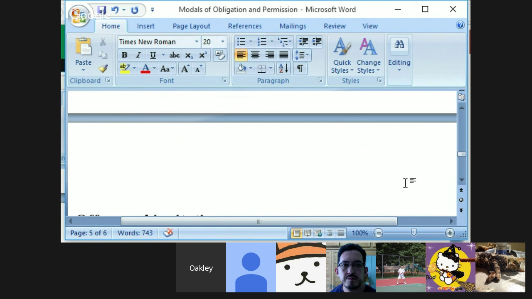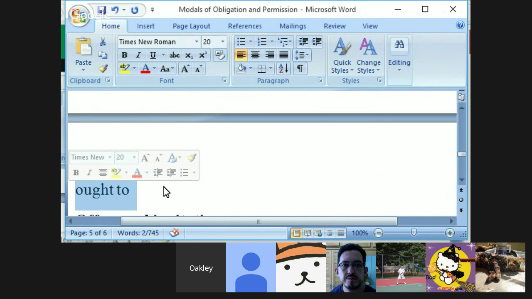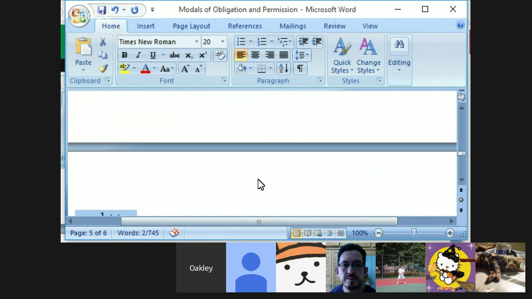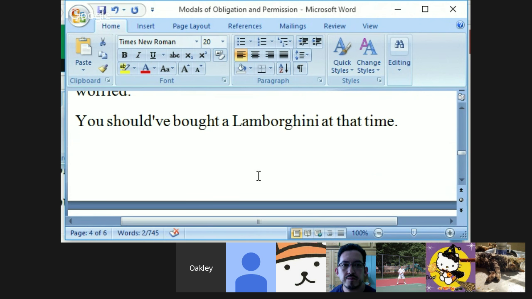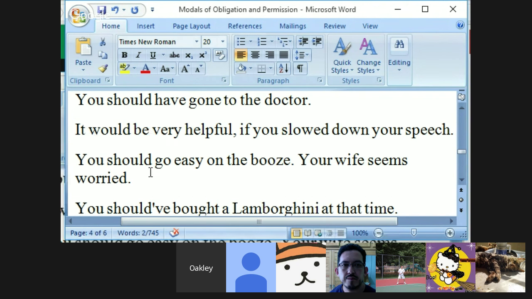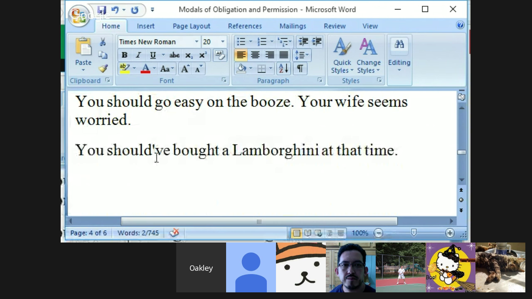You know what? I almost forgot to point out that the phrasal modal ought to is used specifically, like should, to give advice. All right, and you could substitute it for any of these where you're saying should. You ought to go easy on the booze. You ought to have bought a Lamborghini.